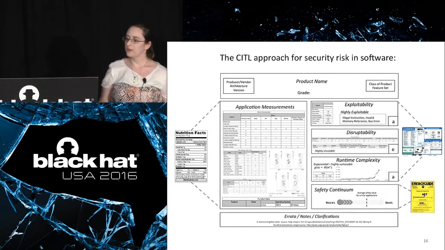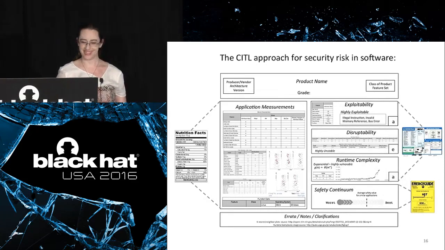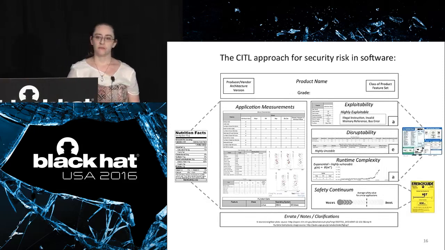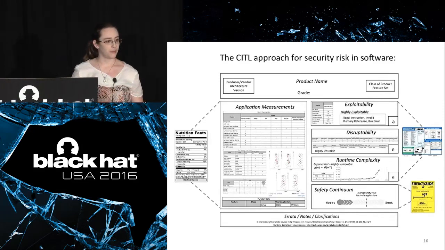Then for the dynamic analysis, exploitability, disruptability, and algorithmic complexity, that's comparable to the crash test ratings that you see in a Monroney sticker when you go to buy a new car, or the EPA miles per gallon.